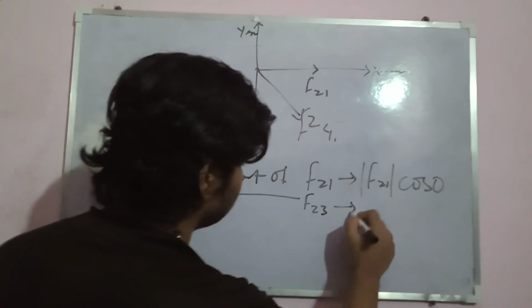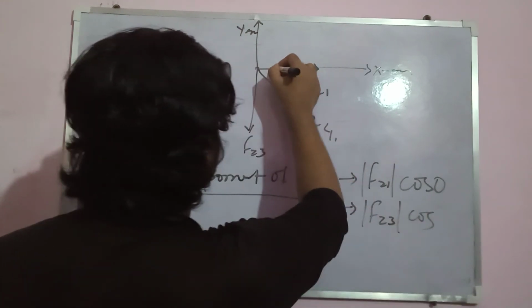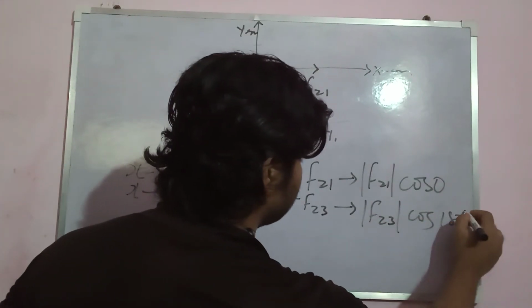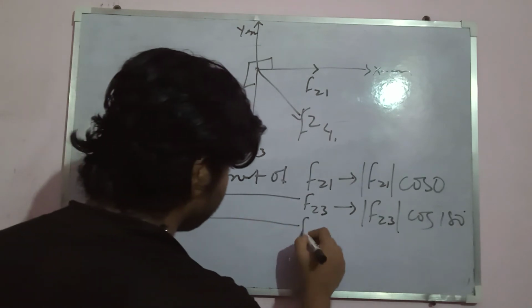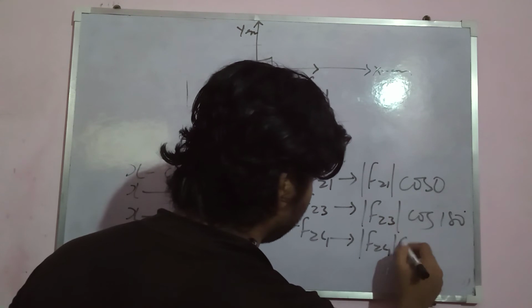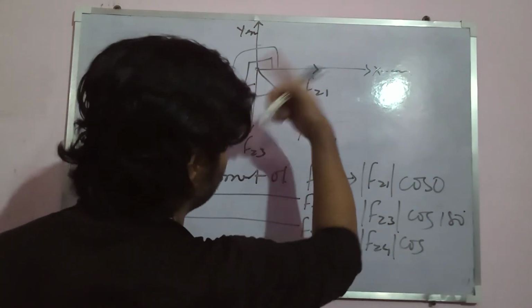F23, that is F23 cos of the angle of F23, that is cos 180. X component of F24, that is F24 cos of the angle made by F24 with the x-axis.